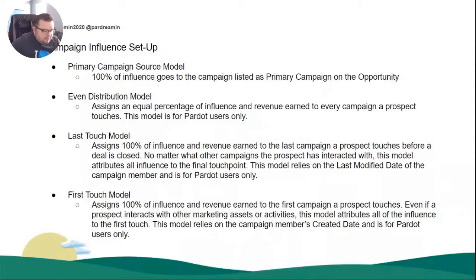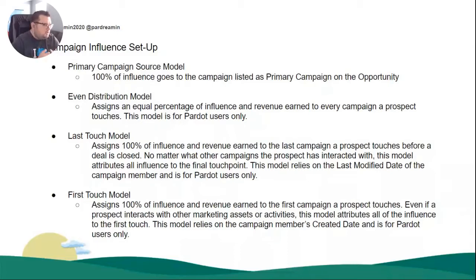Elizabeth asked, if there's no primary campaign entered, is any influence included from that opportunity? No. If there is no primary campaign status, then it's not going to attribute any primary campaign. It'll defer to other campaign models, if you have them.